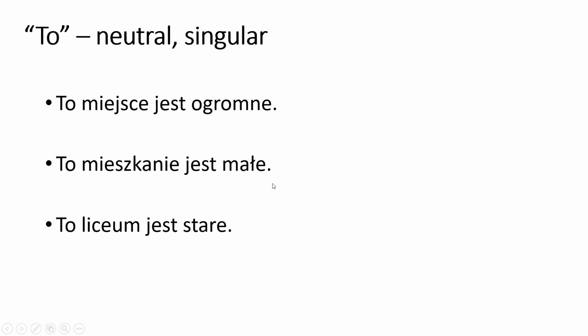To liceum jest stare. This high school is old, stare, liceum. Even though it ends with a consonant, it's neutral because it's actually ending with um, okay? To liceum jest stare. To jabłko jest smaczne.